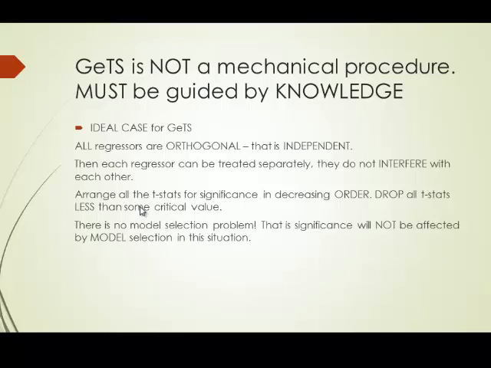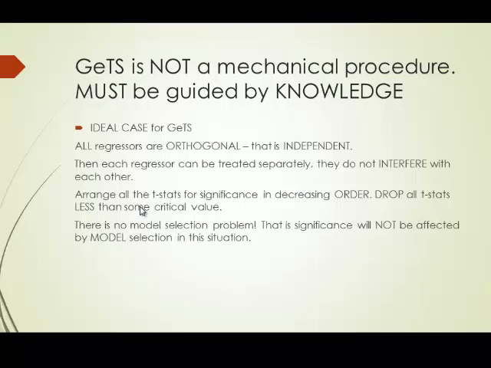So, how does the general-to-simple method work when, as I've said, there's a multicollinearity problem and this, that, and the other problem, which does arise actually? So basically, it works by the following methodology, which is that you start with the ideal case where all the regressors are orthogonal to each other.